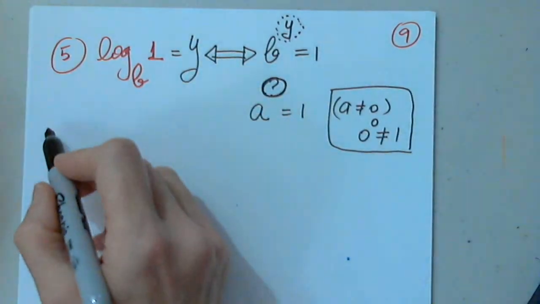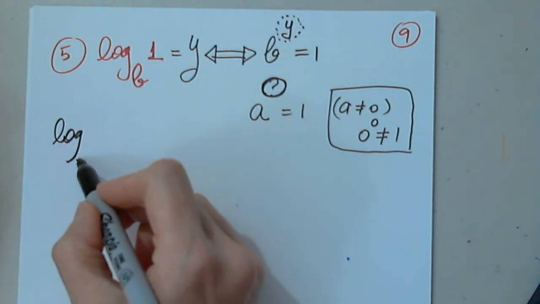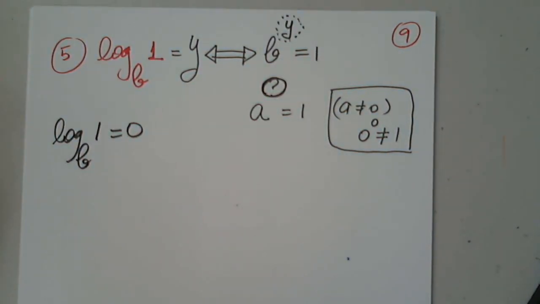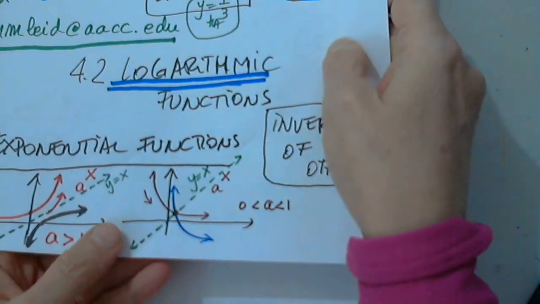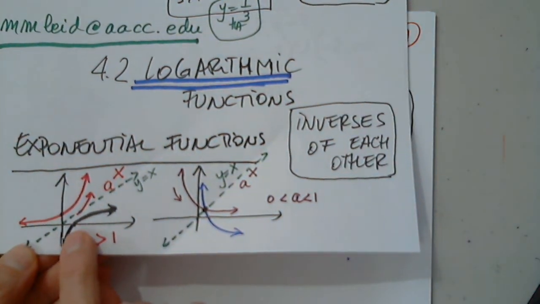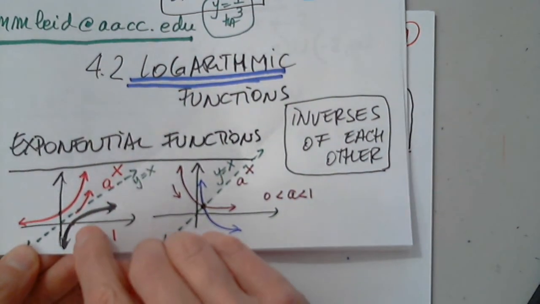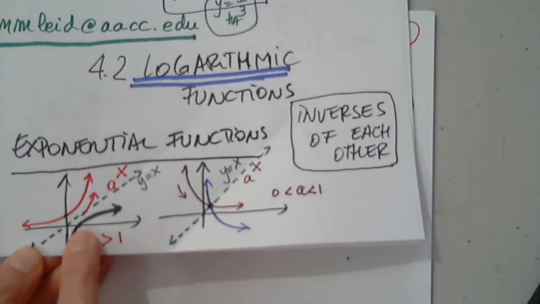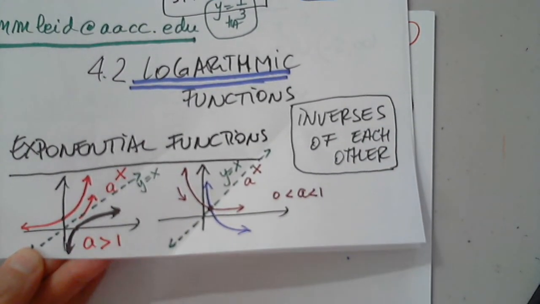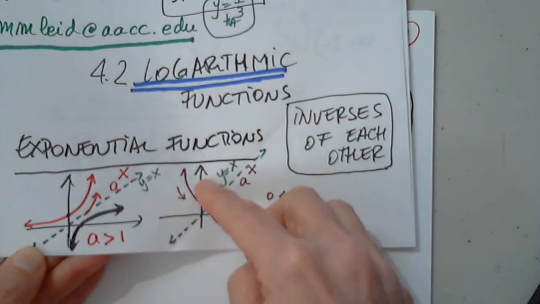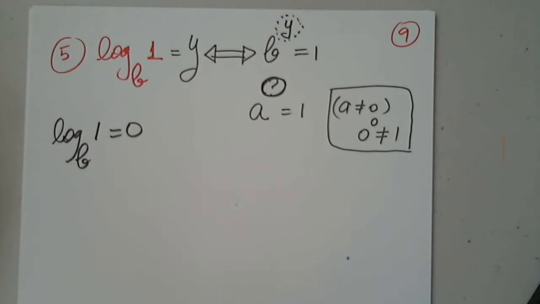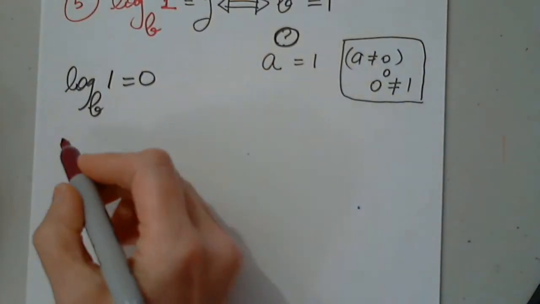So property 5 is that log base b of 1 is 0. Did we even need to think of that? No, because log in any base of 1 crosses the x-axis. Log in any base of 1 is 0.